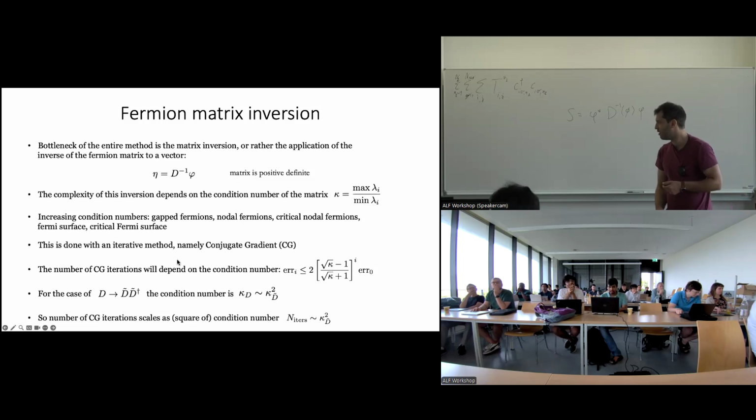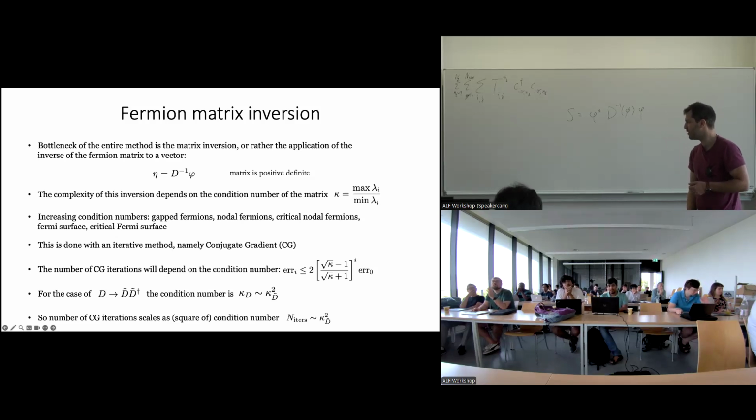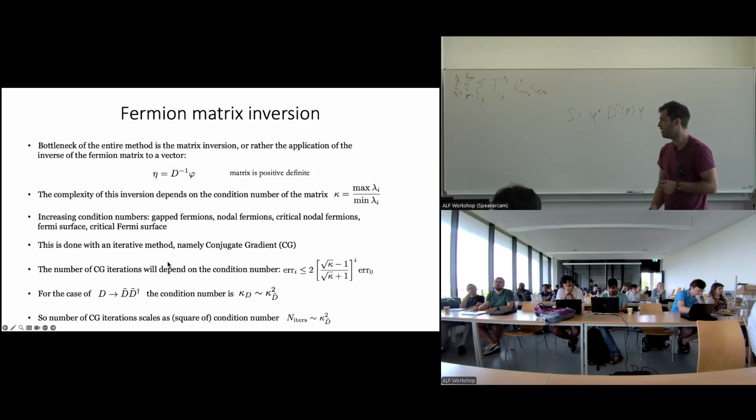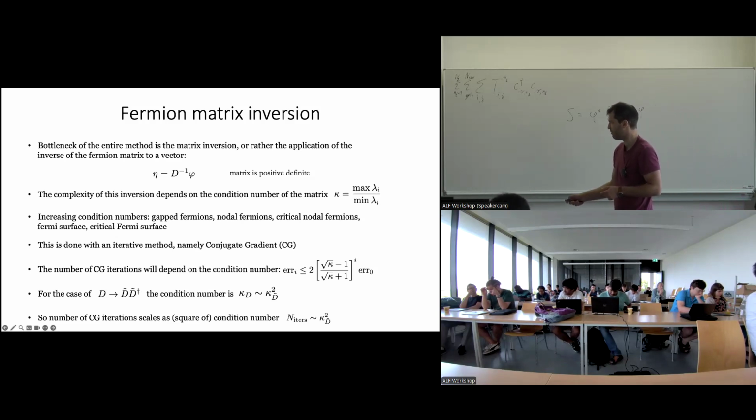So if you fix your error and ask how many CG iterations you want, that number scales linearly with the condition number, or the condition number squared, depending on how you formulate it. But the number of iterations is linear in this object here.